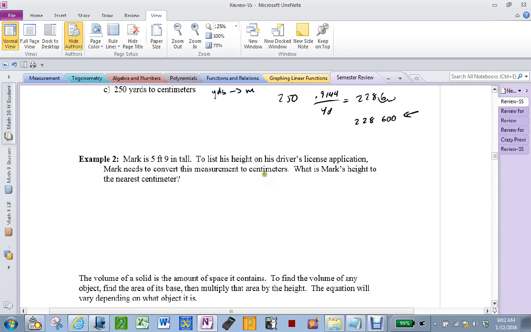Convert measurement to centimeters. Of course, you don't need to do that because they have a chart when you go there. When you say you're 5'9", they can't convert it either. They go to the chart. But what it really is, 5'9" tall, to convert to centimeters. Now, there's a few ways you could do this.